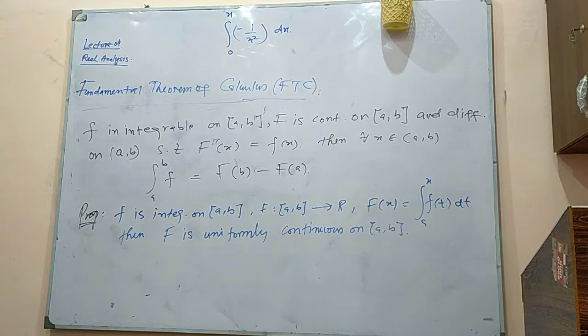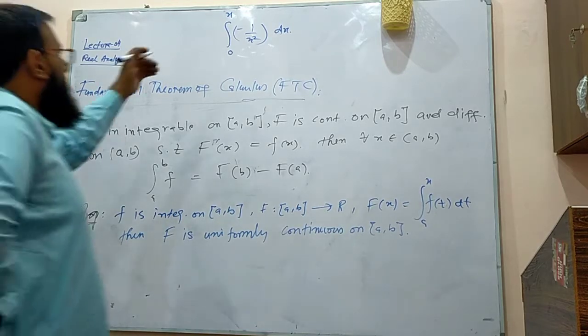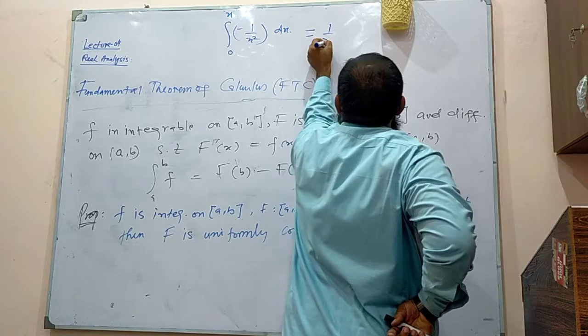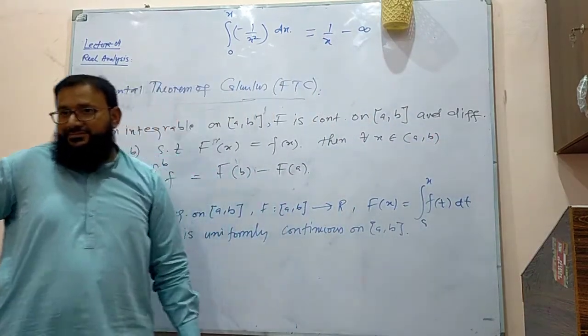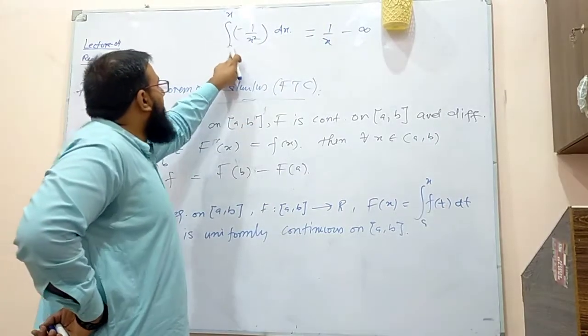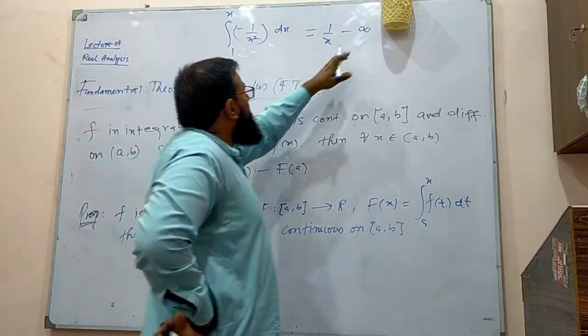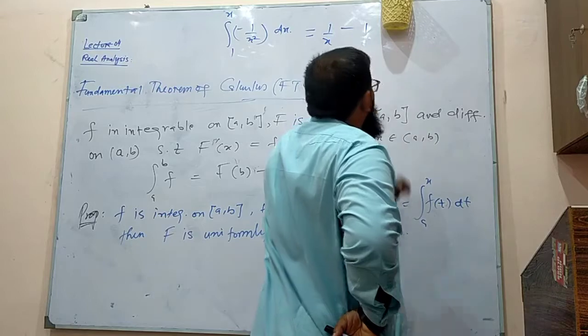And you apply the upper limit, 1 upon x, minus the lower limit. The problem means I should redefine this thing. It's going to be equal to.